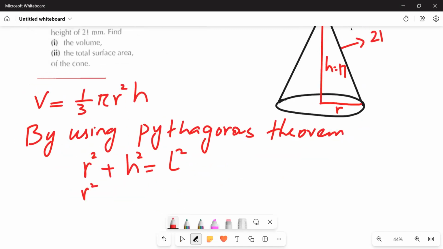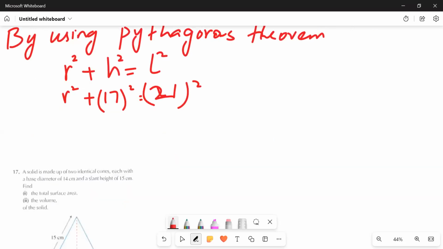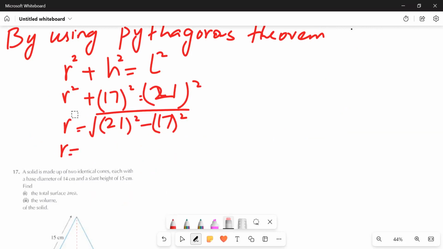We have to find r. h is 17 square and l is 21 square. Now shift this 21 square and 17 square to the other side. Then the r square value is 152.